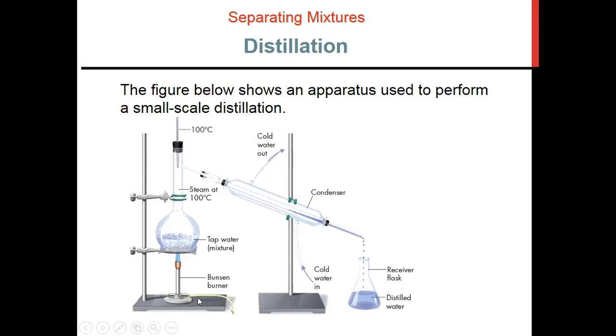A Bunsen burner is used to heat up the content of the flask. The solution, for example this tap water, one phase evaporates and passes into the condenser, which is cooled with cold water, to be condensed in a flask to obtain distilled water.